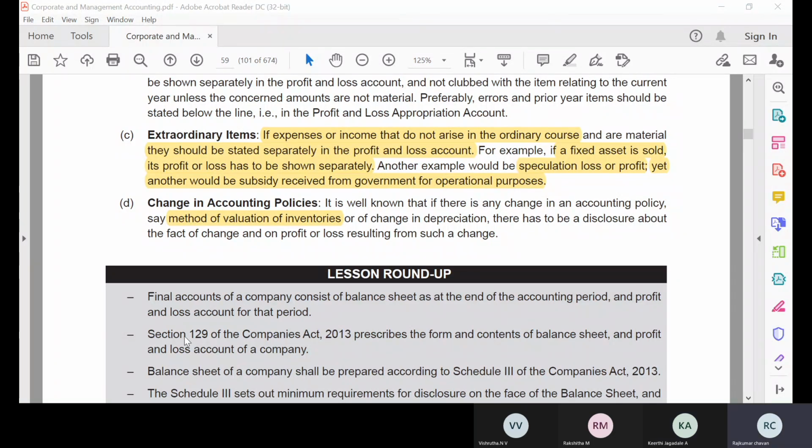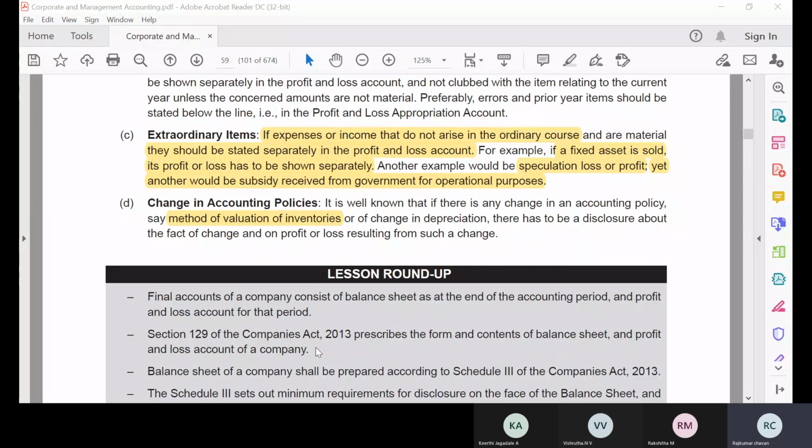LIFO, FIFO. You want to say that one, Kirti? What did Vishwata say? I think she has left. Yes, sir, she has some network issues.